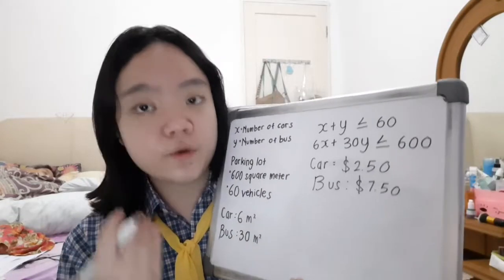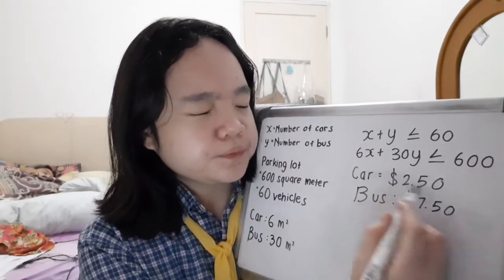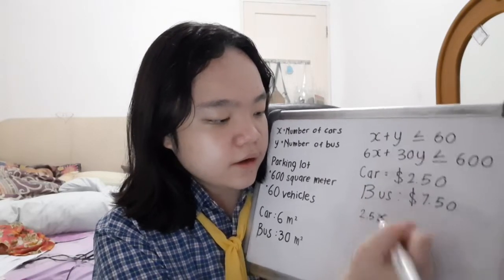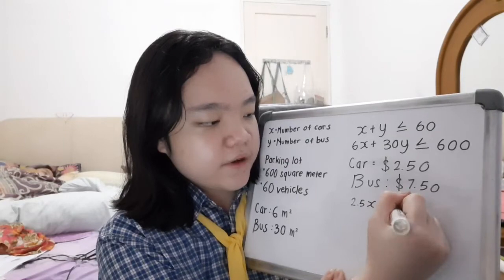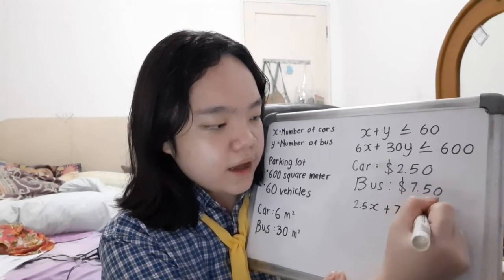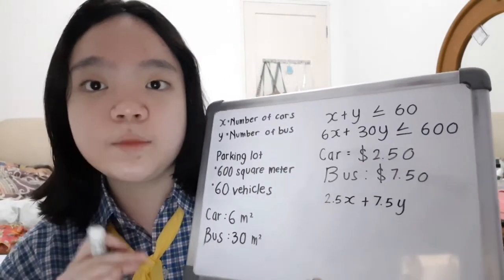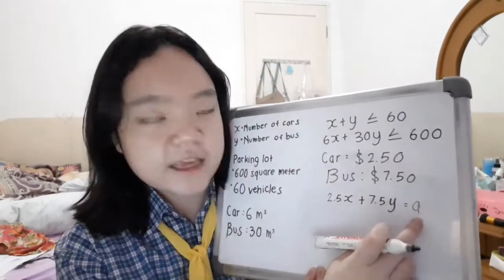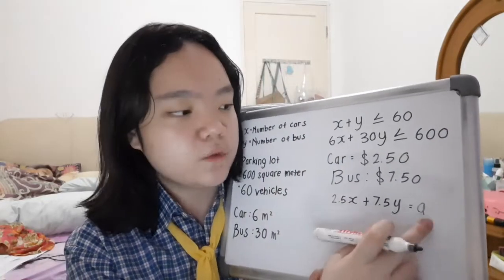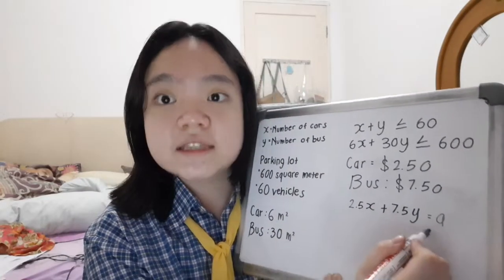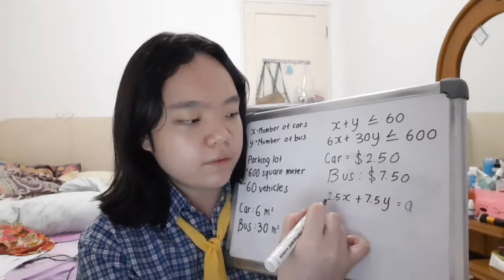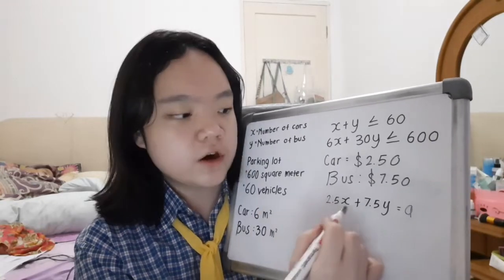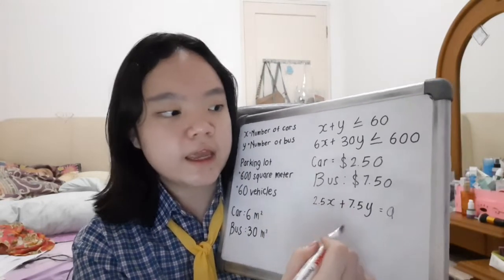So we can make another equation, which is 2.5x plus 7.5y equals A. A here is the maximum income that we can get. So we assign A as the maximum income. We have our equation here: 2.5 times the number of cars plus 7.5 times the number of buses, Y, equals A, which is the maximum income.